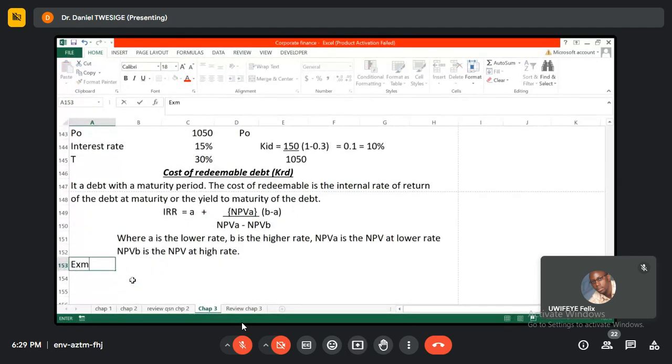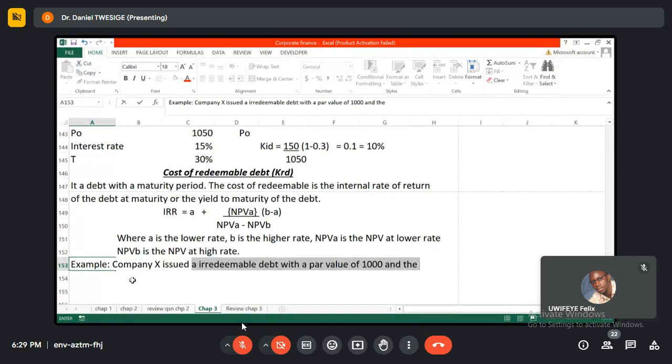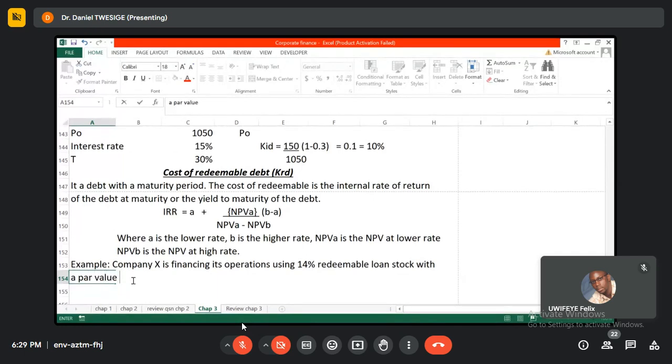Example: Company X is financing its operations using 15% redeemable loan stock with a par value of 1,000 FRA.